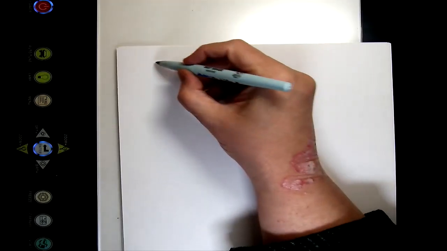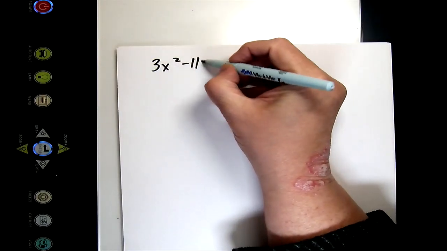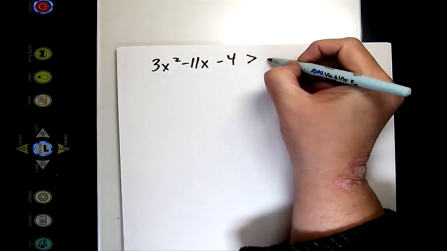Let's go with 3x squared minus 11x minus 4 is greater than 0.